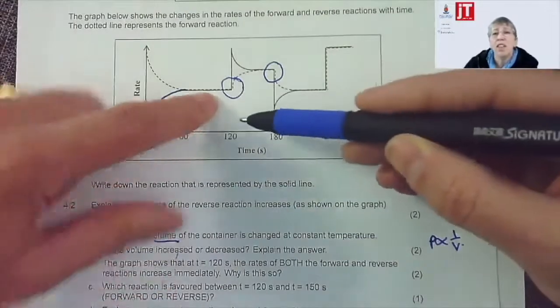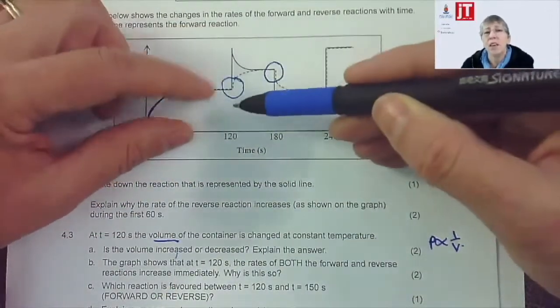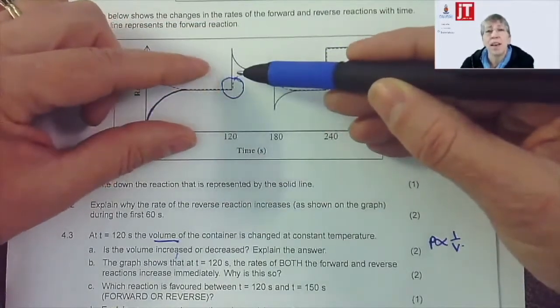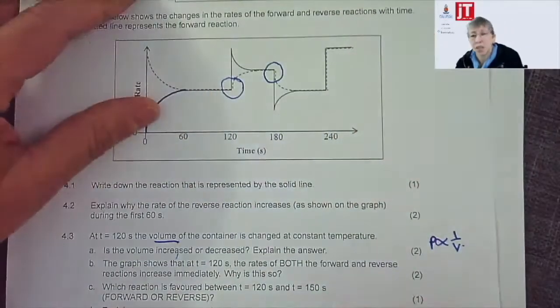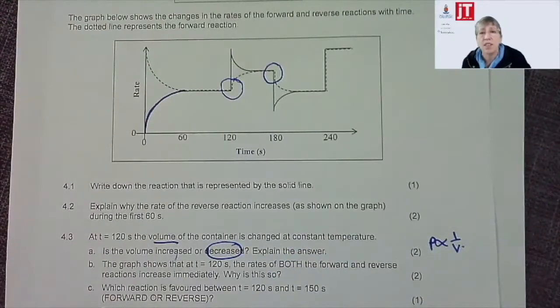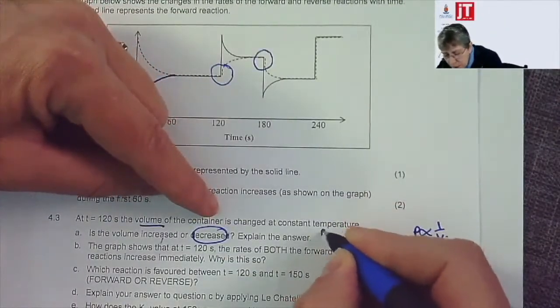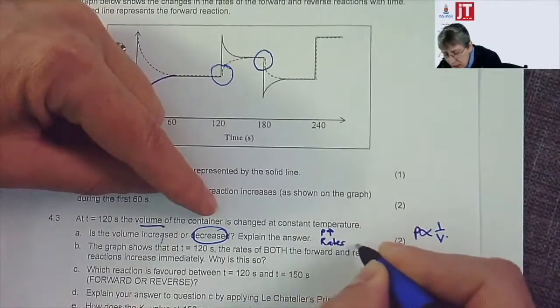And when we look at this graph, the rates are going up, right? If the rates are going up, it's because the pressure is bigger, and the pressure can only be bigger when the volume is smaller. So the volume is decreased. And if you have to explain that, it means the pressure is increased and therefore the rates increase.